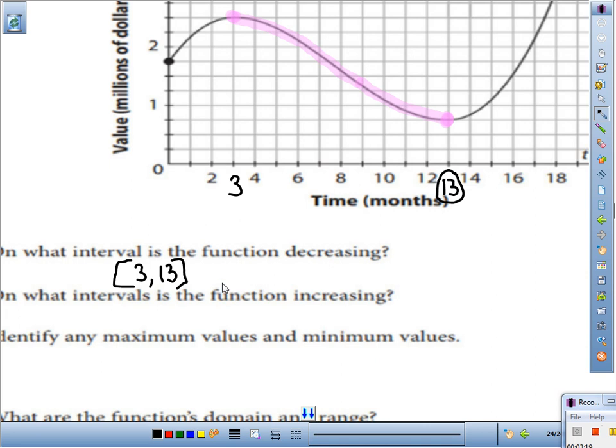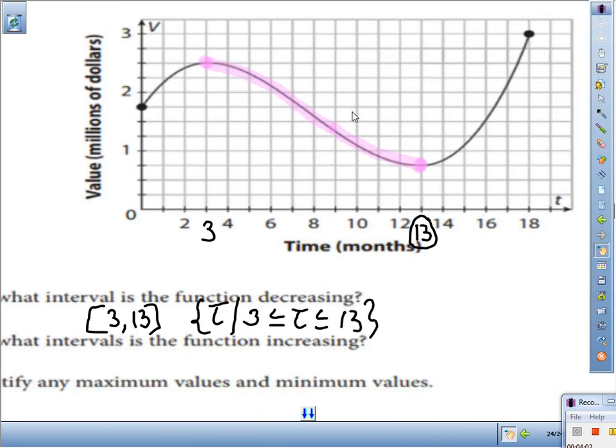Colton, go. Solution set of T such that. Hands if you got that. That is correct. So, think about it. Look at the graph given.